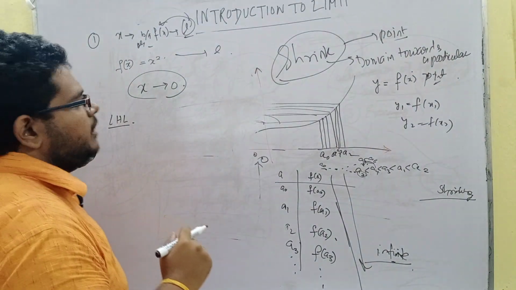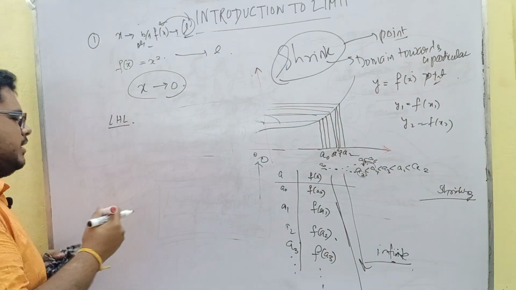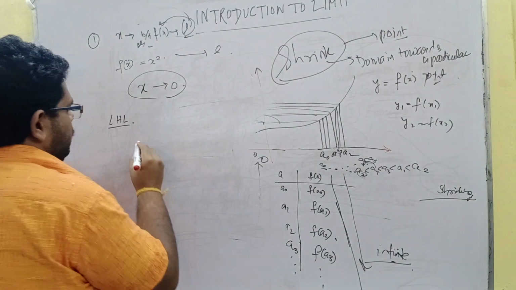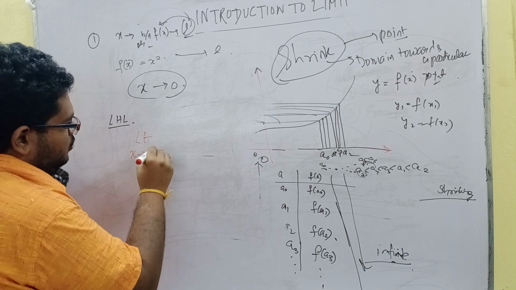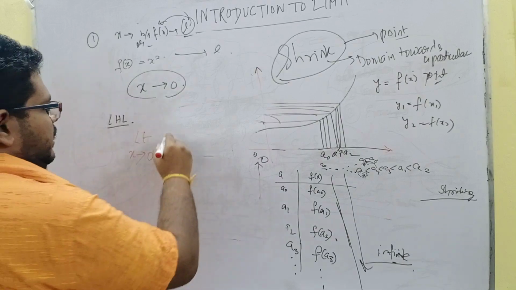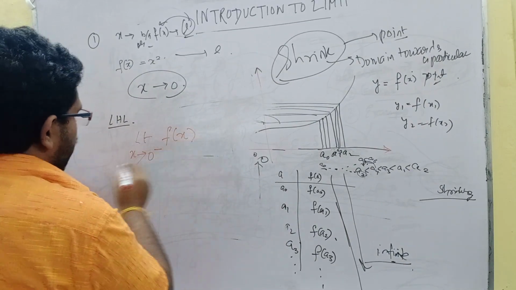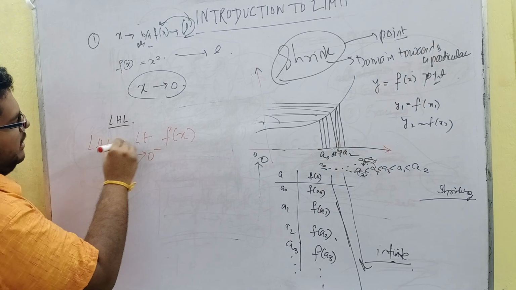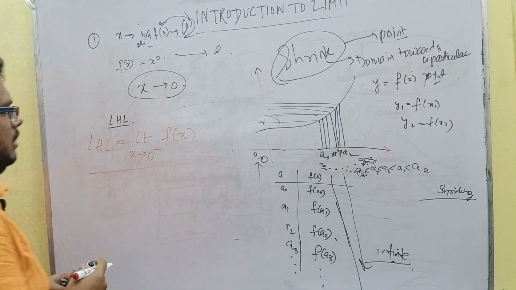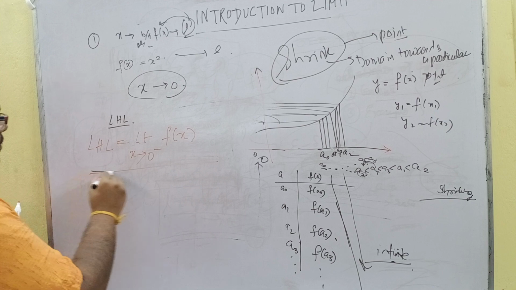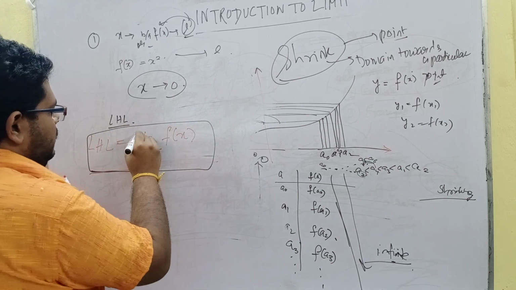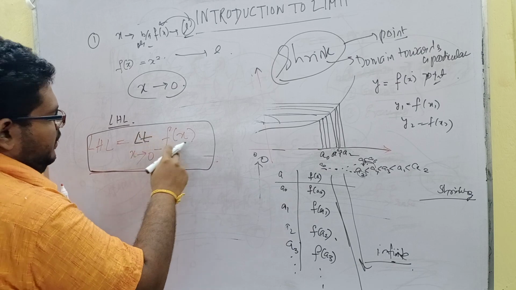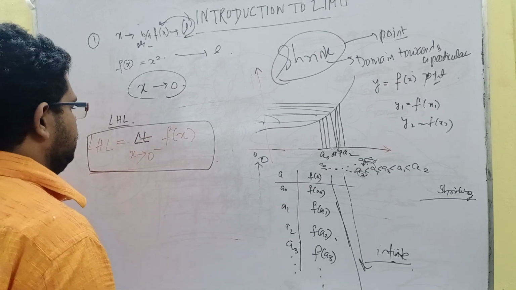The notation for writing the left hand limit is limit x tends to 0 minus of f(x). This is the main notation we will be using to analyze the left hand limit.